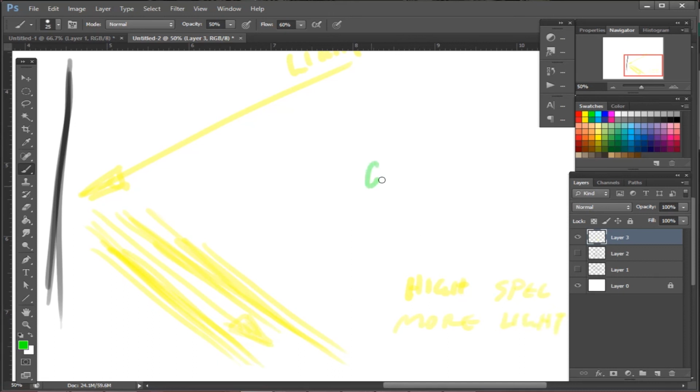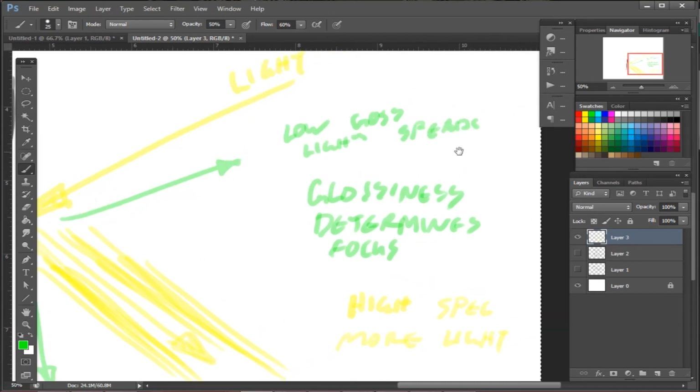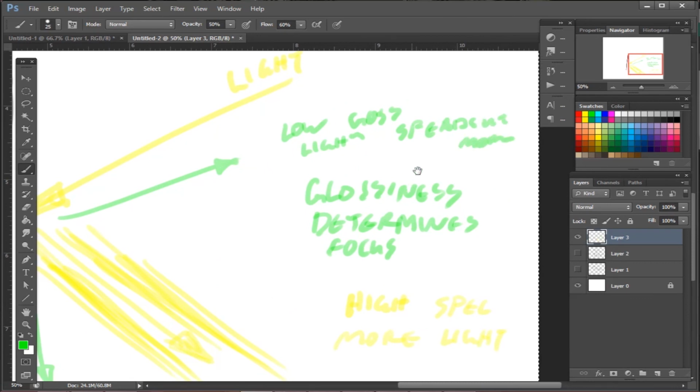Now the glossiness determines focus. So if the glossiness is low, low focus, low gloss, the light spreads out more.